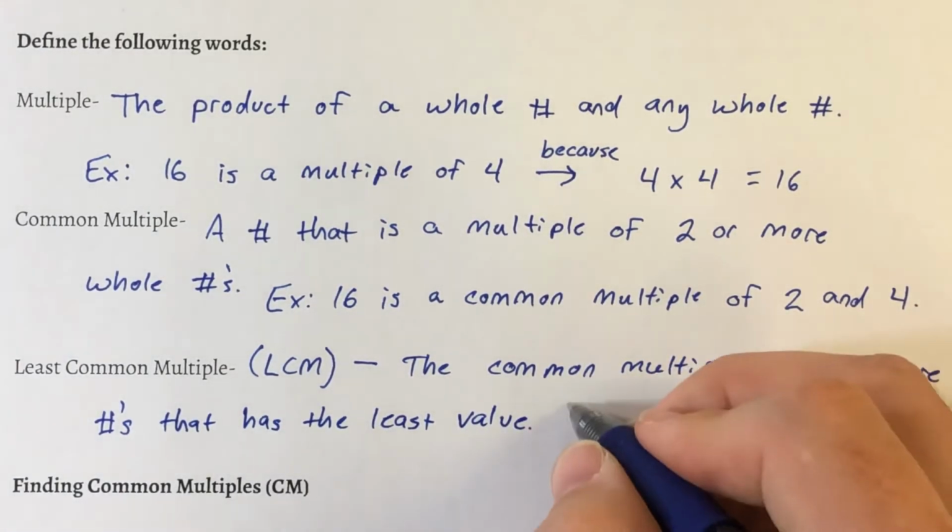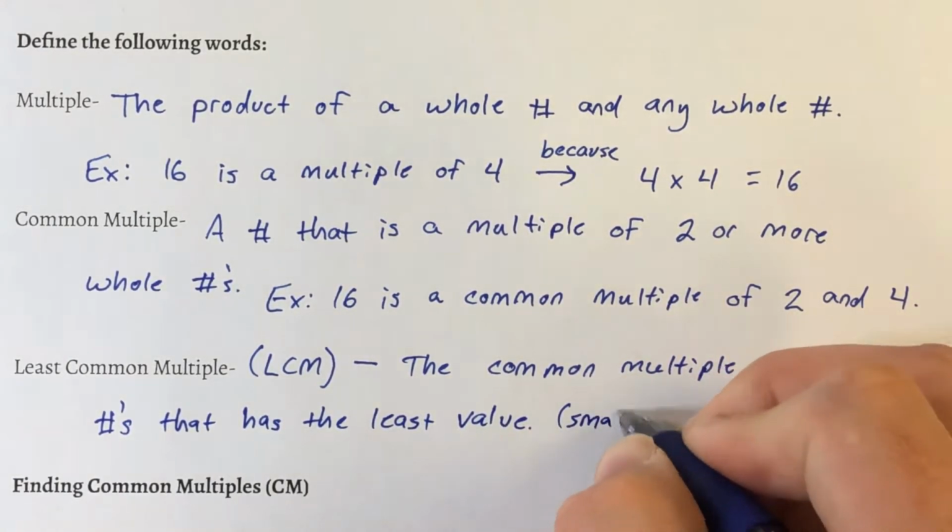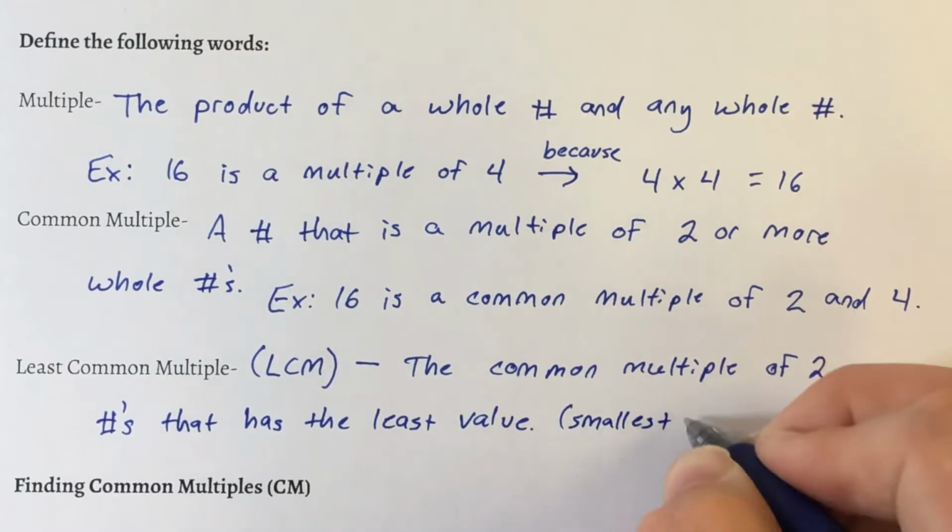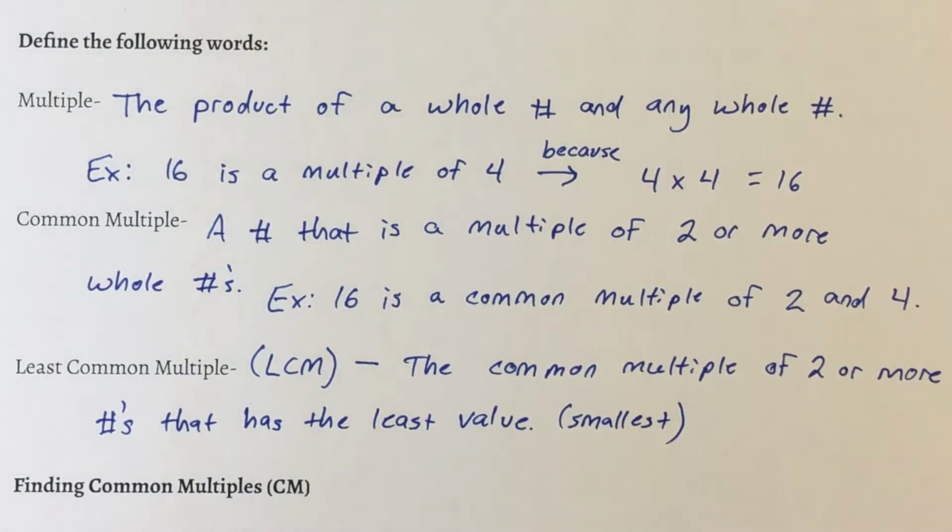In other words, it's going to be the smallest. So the common multiple of 2 or more numbers that has the least value.